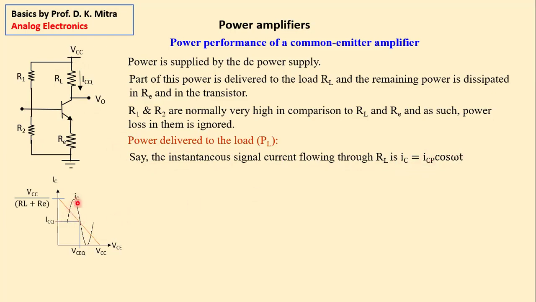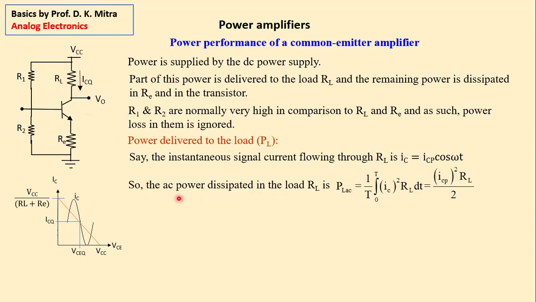So this is the signal current and peak value is from 0 to P. That is ICP cos omega t. Say this is a signal current. First, mind it, signal current is there over and above the DC quiescent current ICQ. But I am now talking about only the signal current, right? So then what is the AC power given to the load?